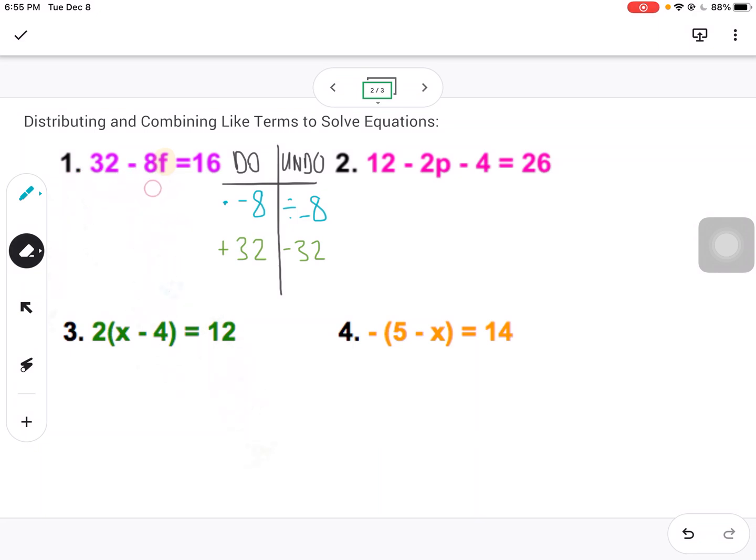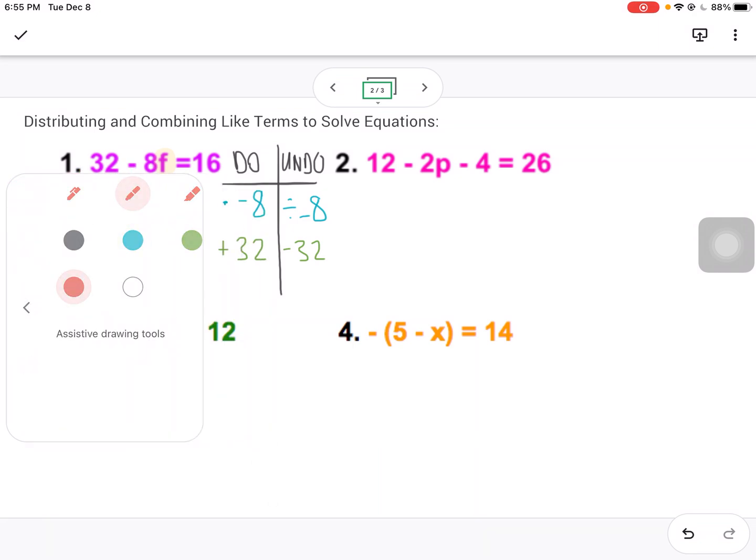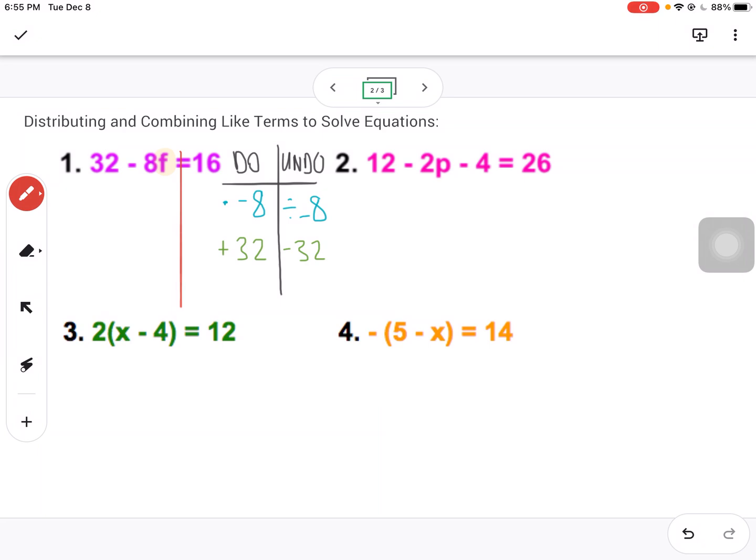So I'm going to erase this, put my line down here. First thing I'm going to do is subtract 32 from both sides. 32 minus 32 is 0, minus 8f. 16 minus 32 is -16.